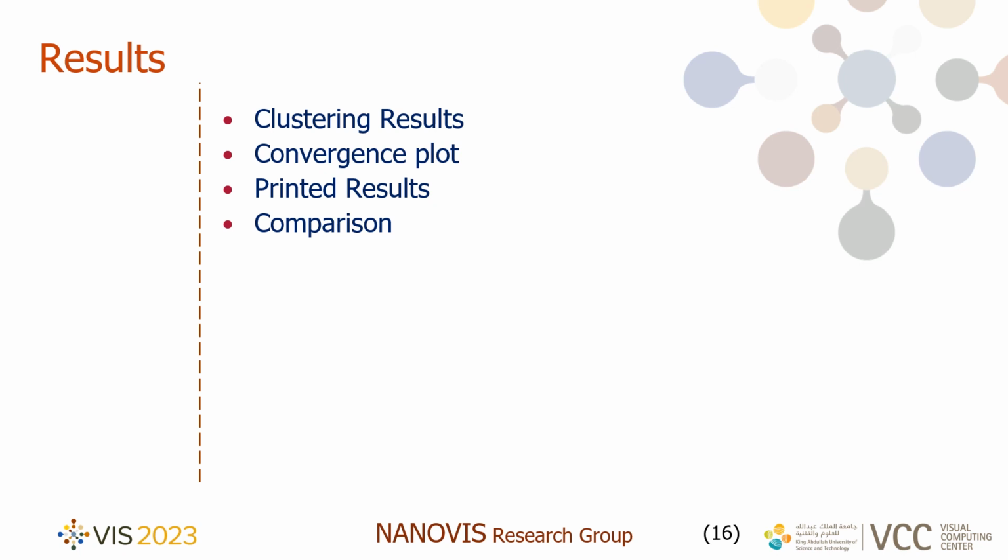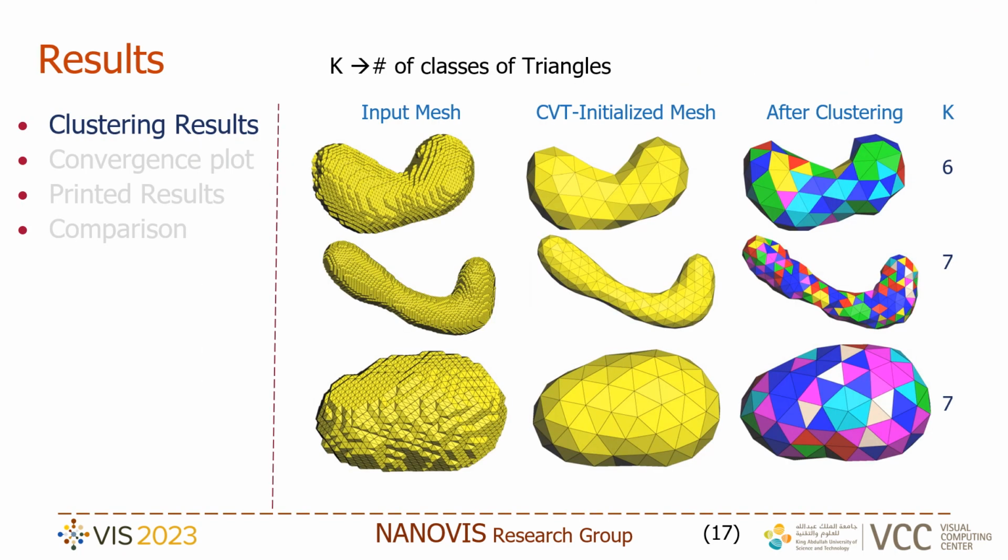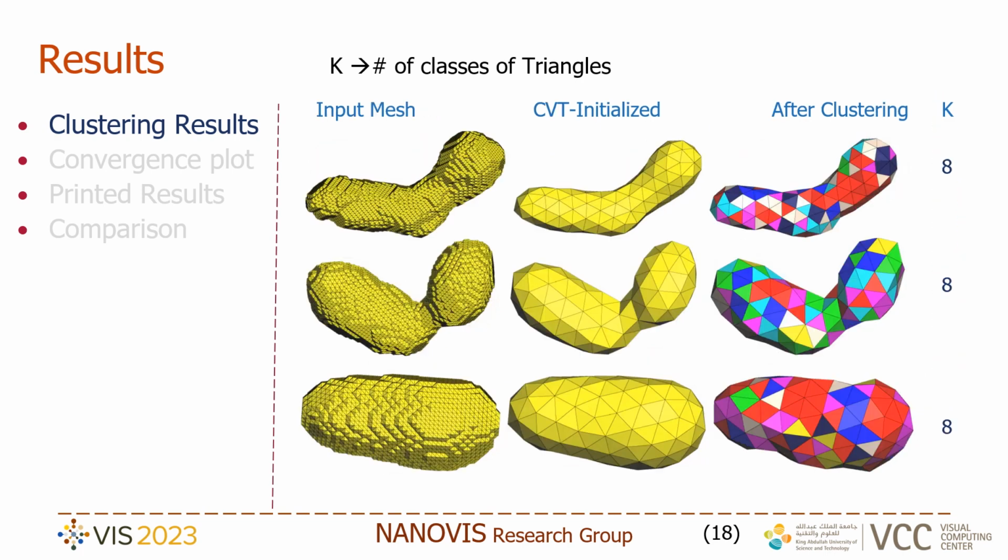We empirically evaluated our method on different models and printed some of these models. These are clustering results. On the left column, you see the input mesh. The center column shows the CVT initialized mesh, and the right column is the clustering results, and this column shows the number of classes of triangles in each model.